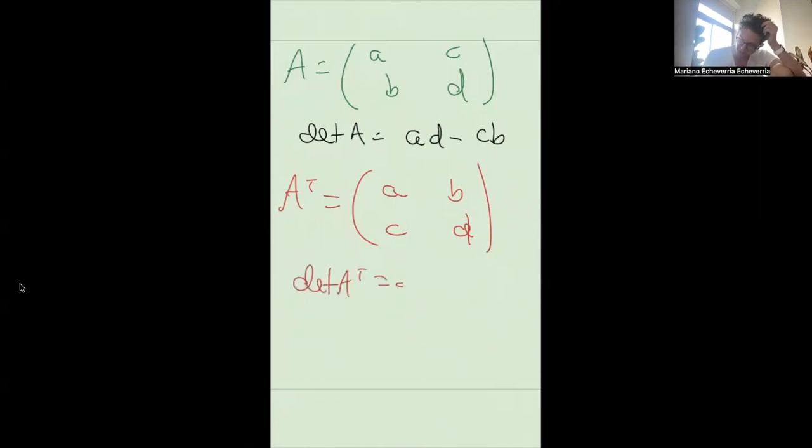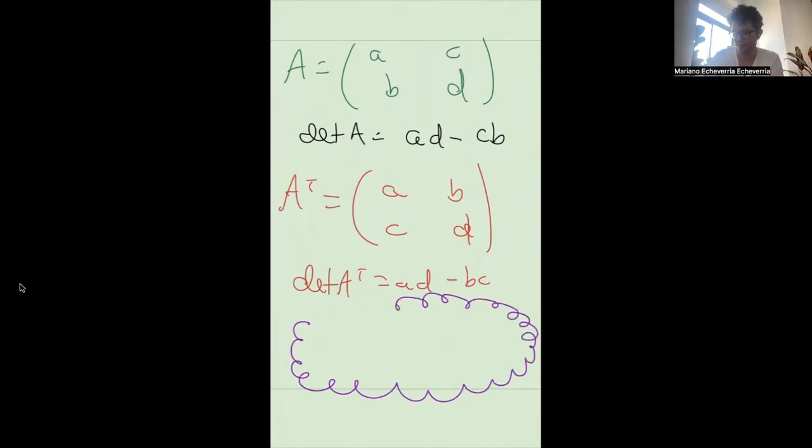It's ad minus bc, but it doesn't matter, this and this are the same because they're numbers. So you end up concluding that the determinant of A equals the determinant of A transpose, which is useful. And this is a property that will continue being true in general, not just for 2x2 matrices.